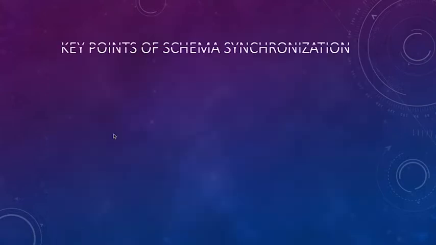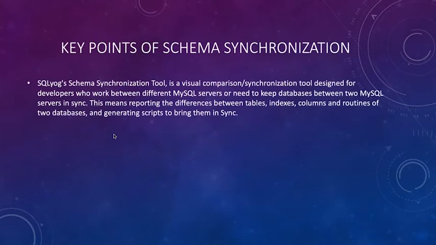Now, what are the key points that you will need to remember while using the schema synchronization tool? You will need to remember that it is designed to help you identify the differences.